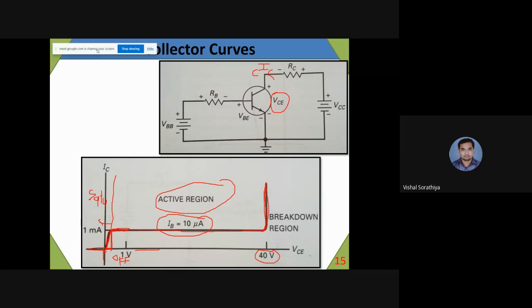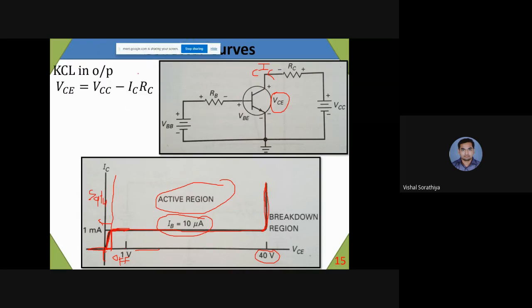How this breakdown region occurs, we need to understand deeply from the next lecture onwards, but you need to keep in mind the conditions for that, or the basic equations we have studied. So let me finish this by applying KCL in the output loop. If I apply KVL or KCL in the output loop over here, what is the equation we have?